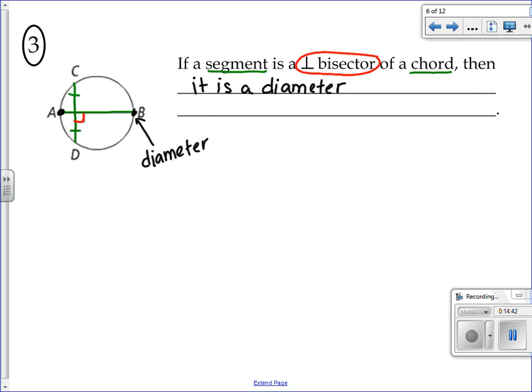So even though there's no center drawn here, I know that AB is going to pass through the center because that's the definition of a diameter. So I'm just going to also include that in the description here. So it is a diameter and contains the center of the circle.